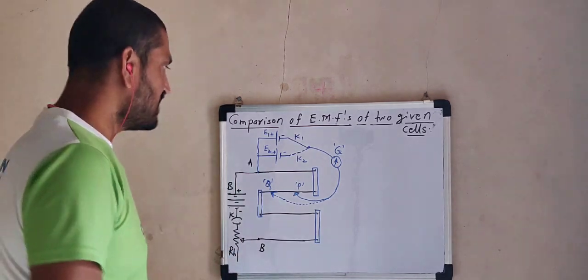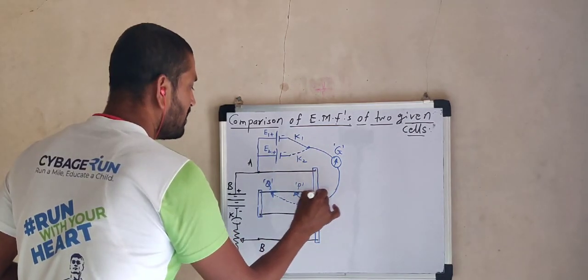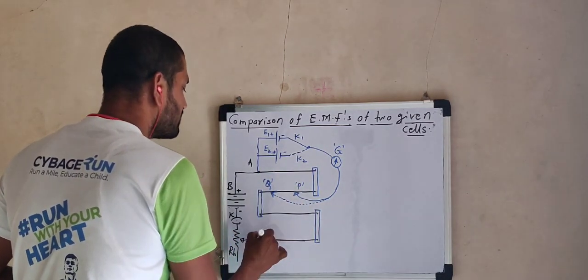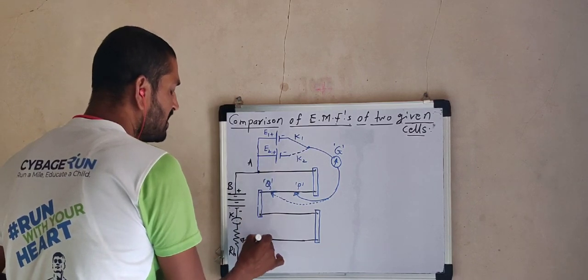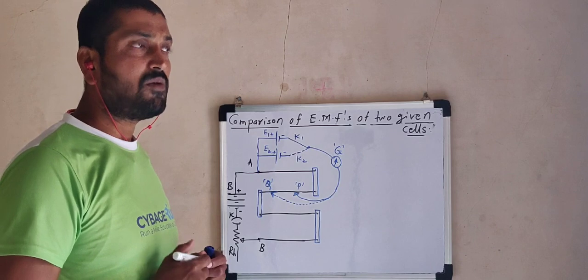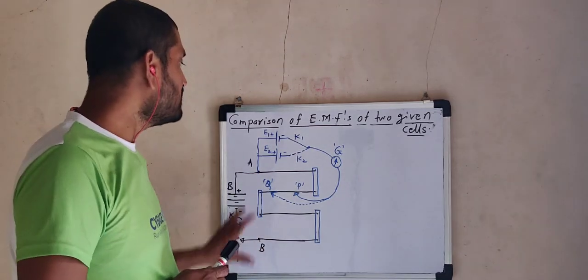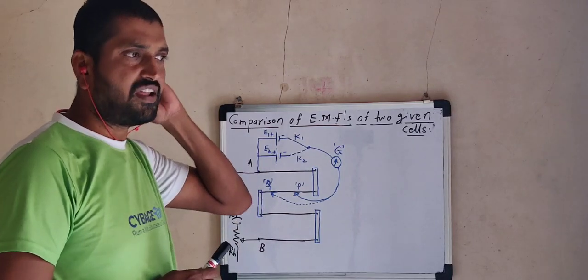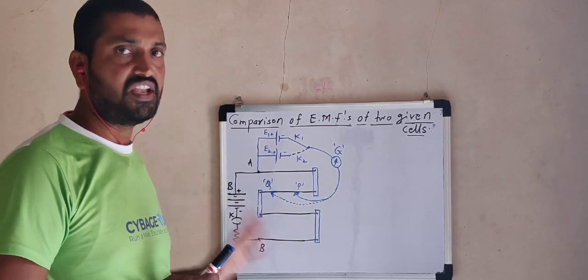So in construction, the potentiometer consists of a thin uniform copper wire of several meters in length. See here in this circuit diagram, AB is nothing but a thin uniform copper wire. Generally copper wire is preferred because its conductivity is good, and that's why in all electrical and electronic experiments we consider copper wire as the connecting wire.